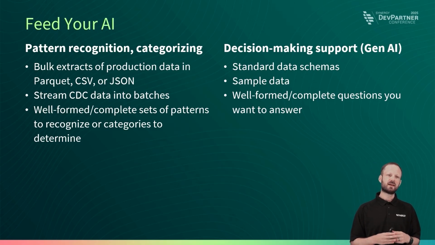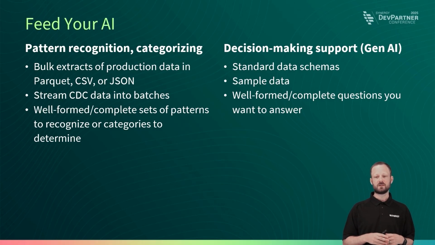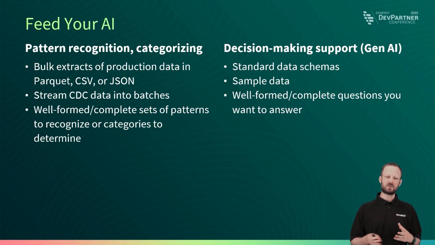The other thing that you need is well-formed and complete sets of patterns to recognize. So if you don't know what you're looking for in data, you aren't going to be successful here. There's the idea that you can be experimental, but before you make it all the way into production, before you do the heavy lifting of productionalizing your data pipeline, you probably need to have some idea of the kinds of questions you're trying to answer with this AI or data science-y pipeline.